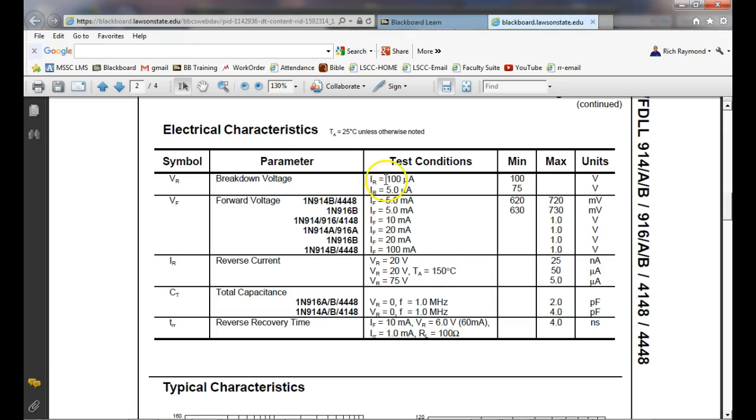So that's why when they do this, normally, if they don't specify, it's at what? 25 degrees centigrade, but they did get you up to, yeah, so they did get you up to here. So at 75 volts, this guy's going to start breaking over.